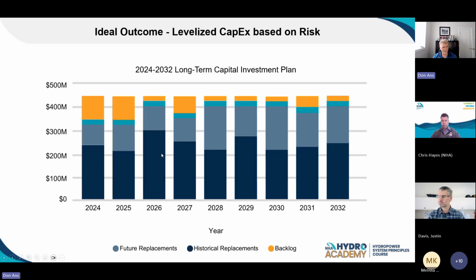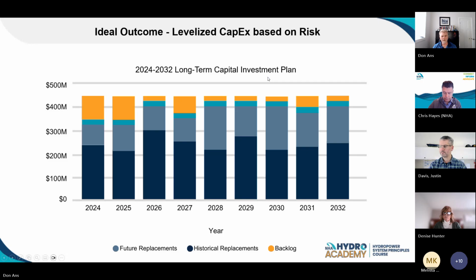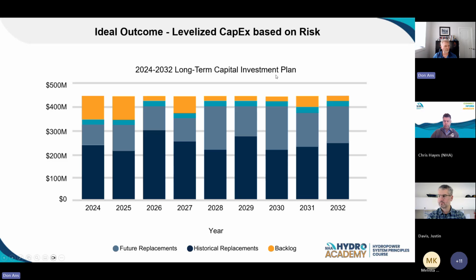The intent at the end is that, remember, we talked at the beginning, one of the objectives of asset management is to have levelized capital investment. And so with this analysis that we've been doing, because now you've planned your long-term stuff, you're making sure you're doing your maintenance and all this good stuff.